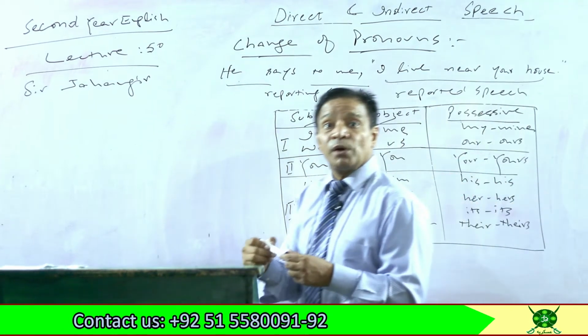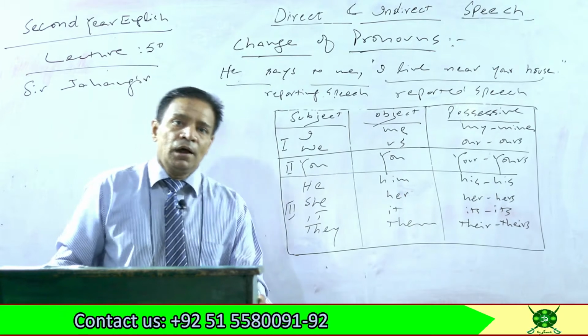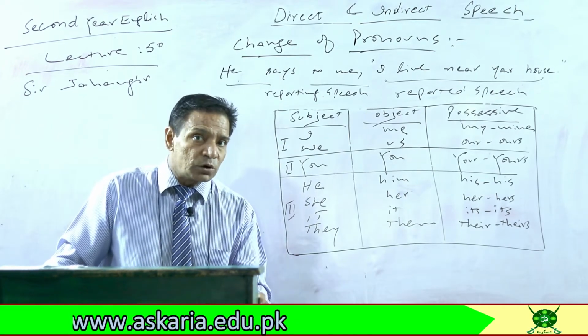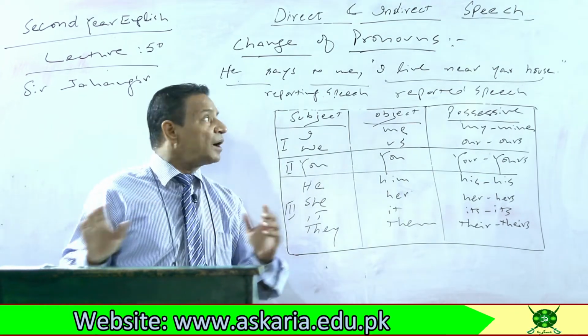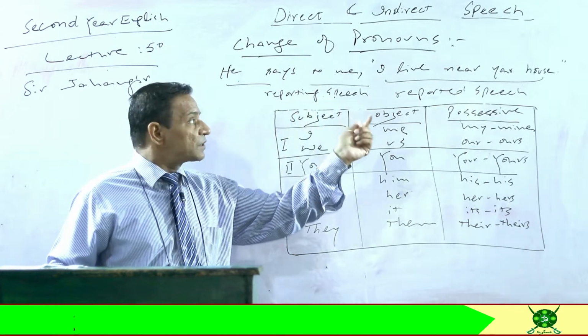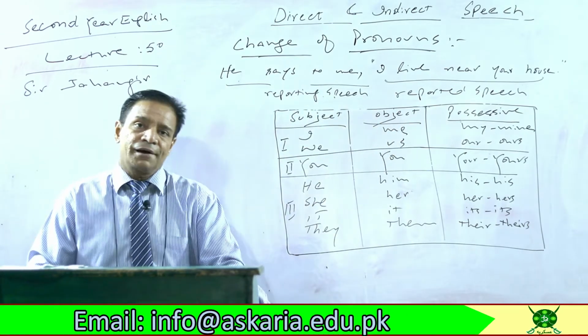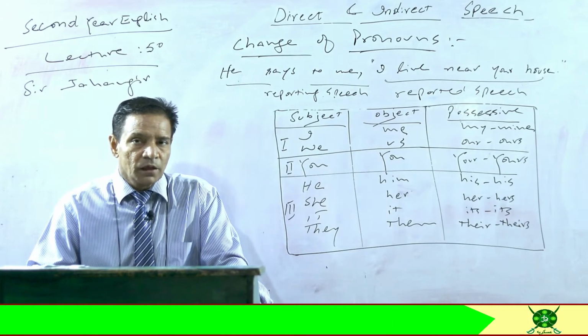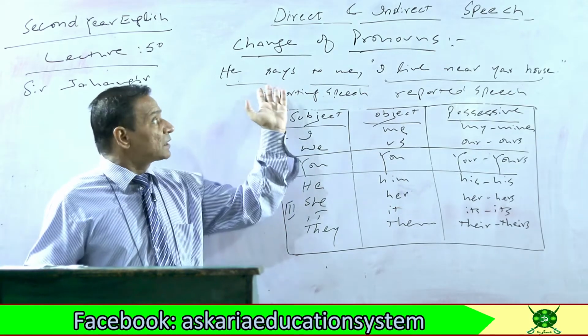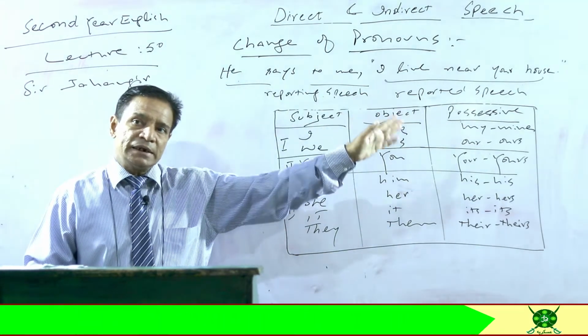So this is the very first thing to learn in direct and indirect: you must know that the portion outside the comma is called reporting, and the portion inside the comma is called reported. In direct speech, we have 2 parts, one outside and the other inside.